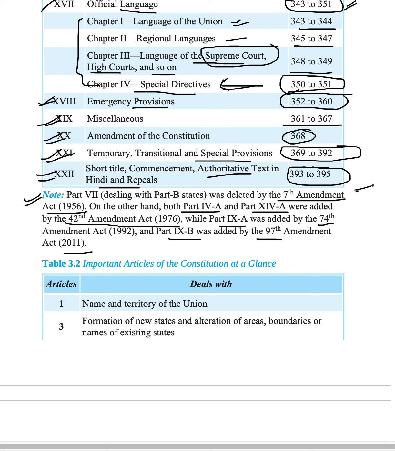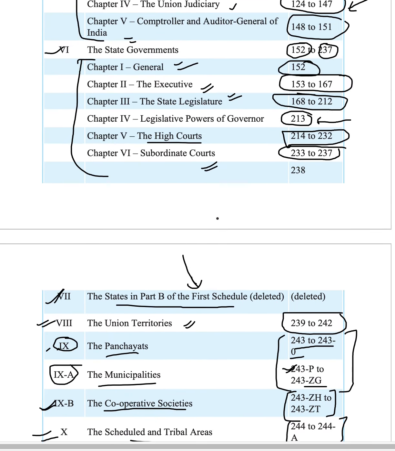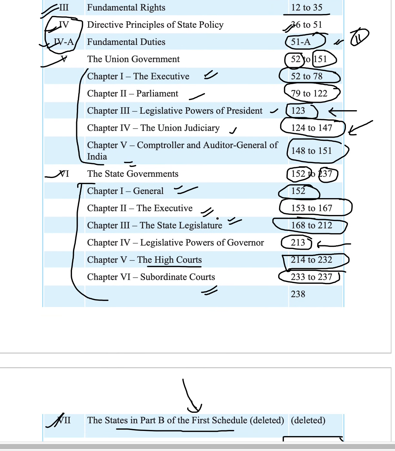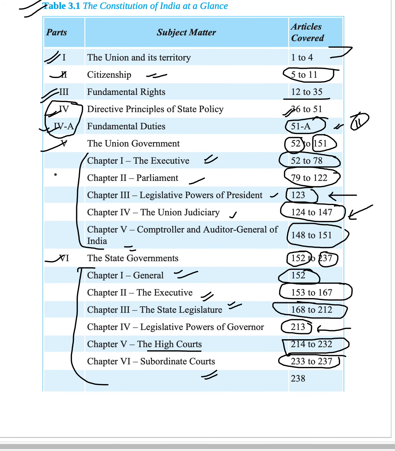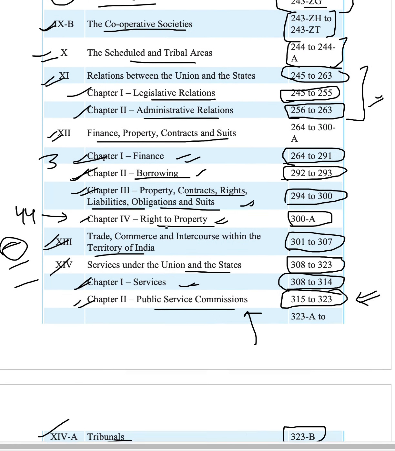So this data is very important, and you should know what these amendments represented and what these parts pertain to. So this table you should mug up by heart. You should know which particular article talks about which particular part and what that particular part contains. So this table is very, very important.